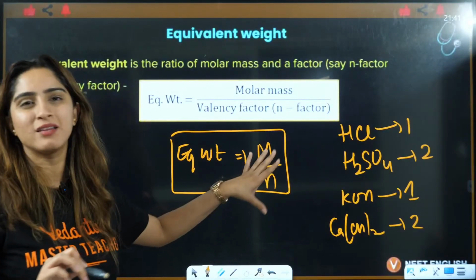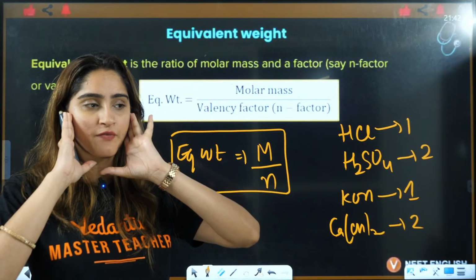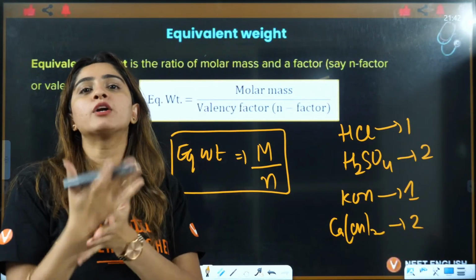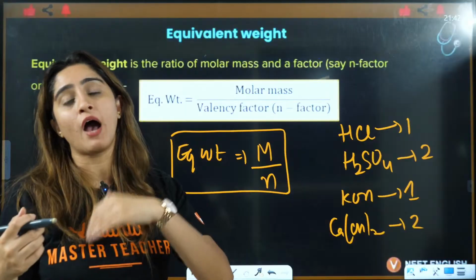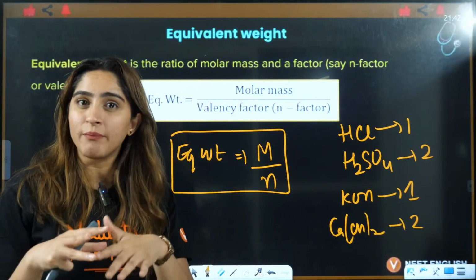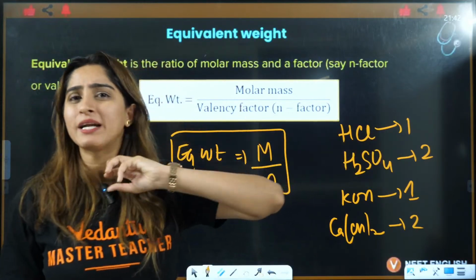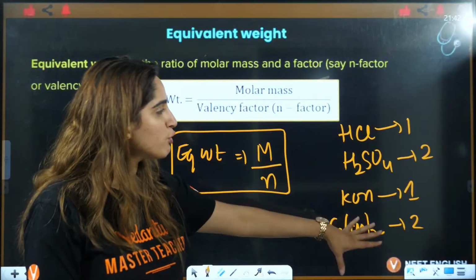So n factor in the simpler way is this, but actually it's a very variable topic that might change when you have salt or different cases. When you mix something, the n factor may change. So we will take up a detailed lecture on n factor, but for now you can just understand this.